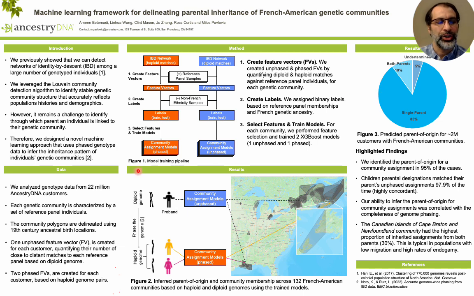We analyzed microarray genotype data from 22 million AncestryDNA customers. Each genetic community we characterized by a set of reference panel individuals, and this set of reference panel individuals is determined in the community detection step.